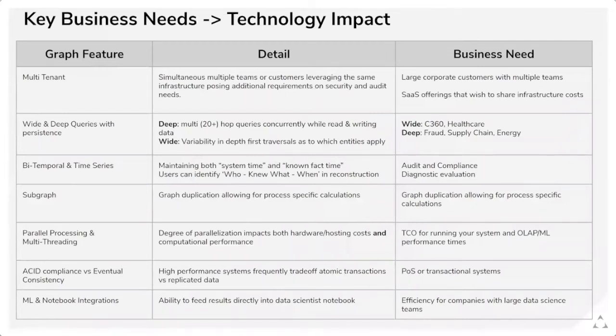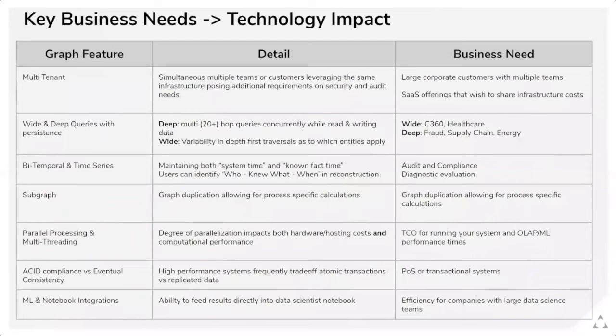Bitemporal and time series. These are not necessarily unique to graph solutions, but for many of the use cases, when things happened and the sequence of events is often a key piece to the use case, and knowing how to store and retrieve and scroll through time and a sequence of events is a key important detail.